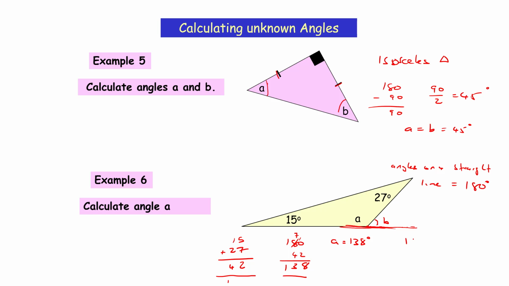So I can do 180, take away 138, and that gives me 42. Okay, just borrow from there just to check. Good. So angles on a straight line add up to 180, angles in a triangle add up to 180. So I want you to hit pause, copy the diagrams, copy the notes.